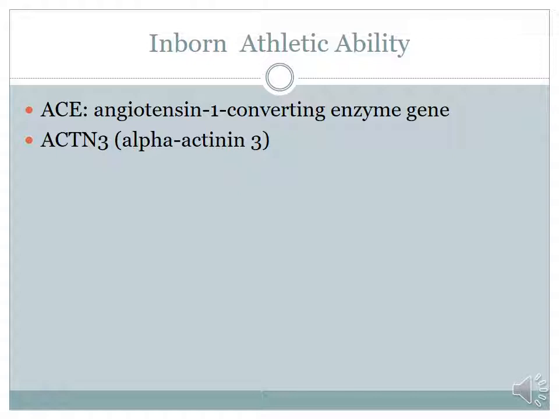The customers mail in saliva or cheek brush scrapings that yield DNA and receive lists of variants of specific genes a few weeks later. And if we look at two particular genes that have gotten the most attention in predicting athletic ability, we have ACE, the angiotensin 1 converting enzyme gene.